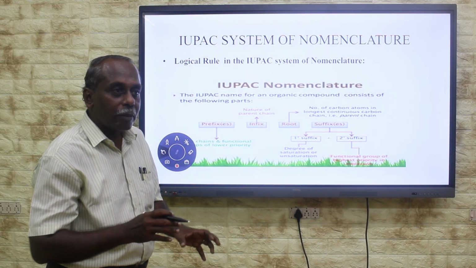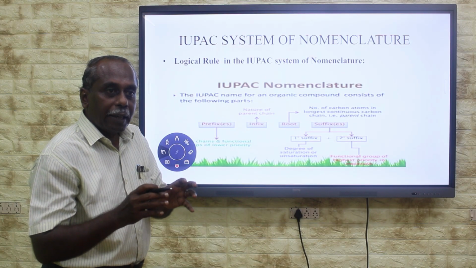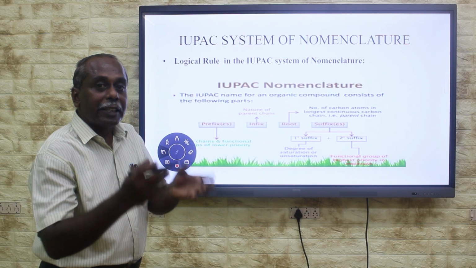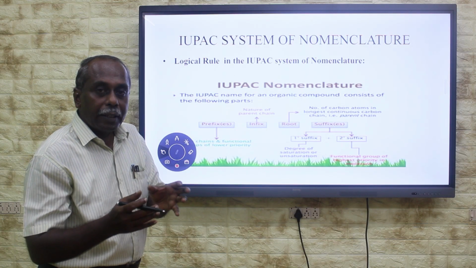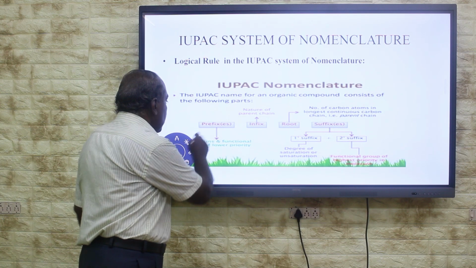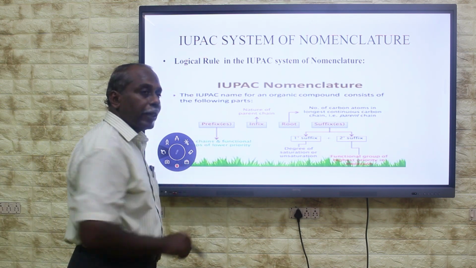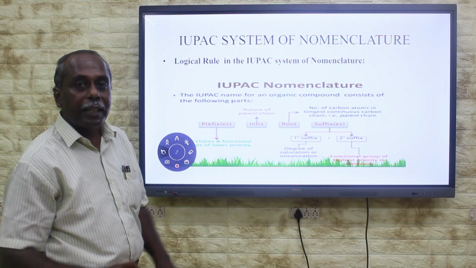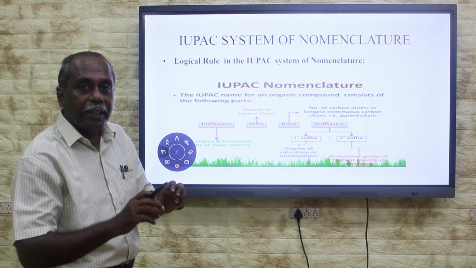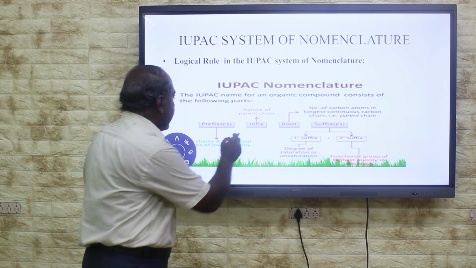In the trivial system, when there are many substituents in the organic compound, that method is not applicable. Here, the substituent's name should be given in the primary prefix. Then in the secondary prefix, what is the carbon skeleton? Whether it is an open chain or a cyclic compound, those things are to be given in the secondary prefix.